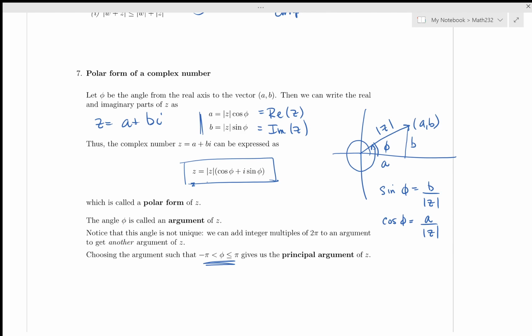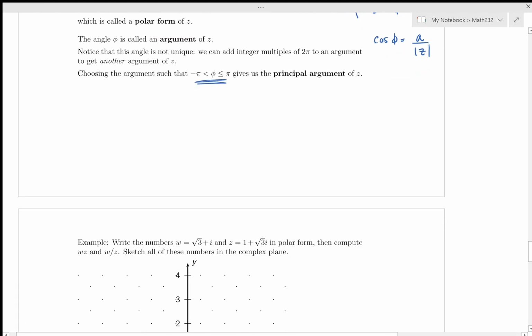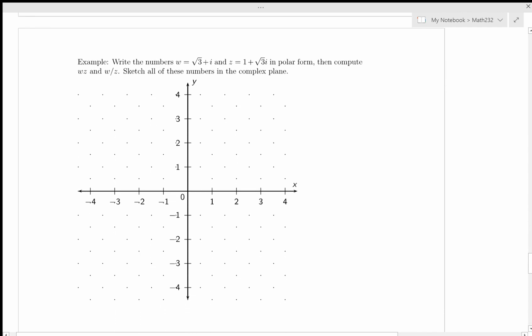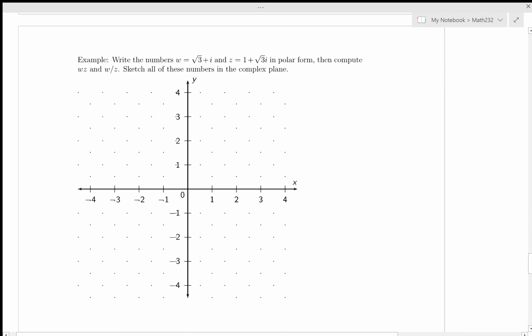What we're going to do now is write out a couple of numbers in polar form. We're going to change them to polar form, then compute the product and the quotient of the two numbers, and take a look at what these things look like in the complex plane. Before we even get going, we can plot W and Z to see where they are. Let us do W first.